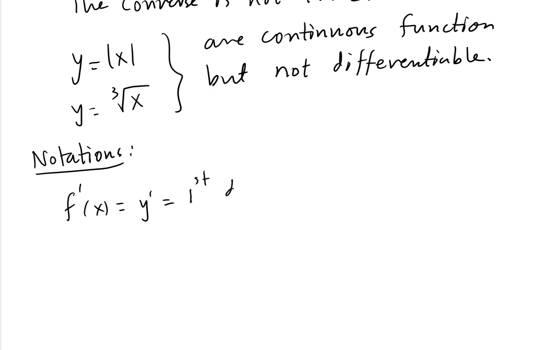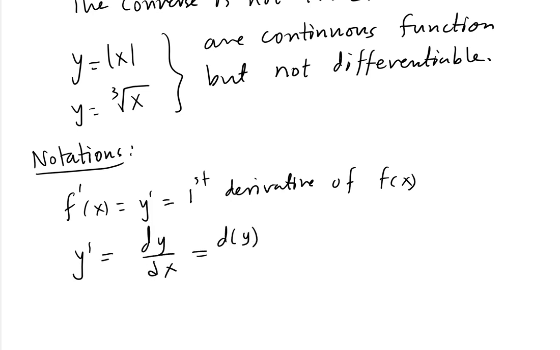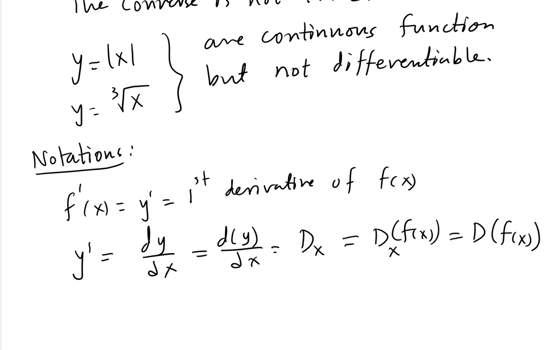We call it the first derivative of f of x. Or y prime can be written as dy dx, or d of y with respect to x, or some people write d sub x, meaning the derivative of the function with respect to x, or d of f of x with respect to x. They all mean the derivative of the function.